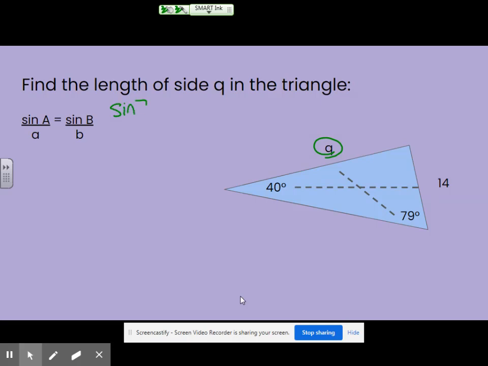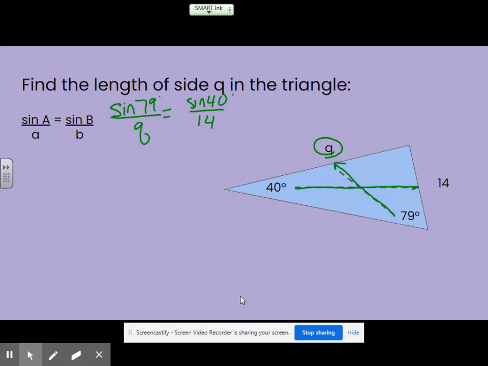I normally start with the pair that I'm missing something on. So I'd say, all right, 79 degrees is missing its side length. So I'd say sine of 79 degrees over Q equals the sine of my second pair, which is complete, sine of 40 degrees and 14.